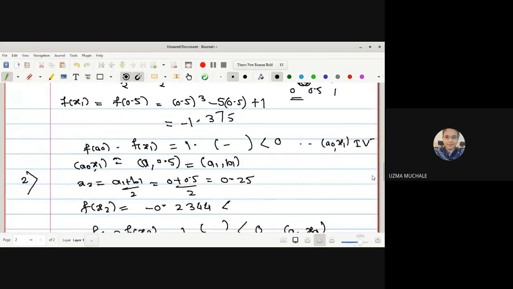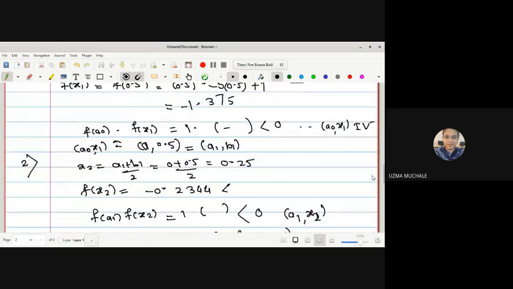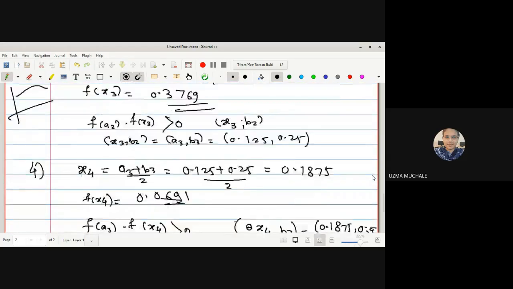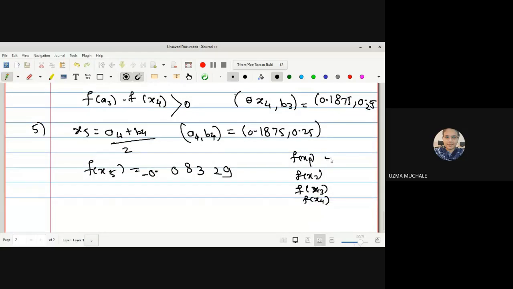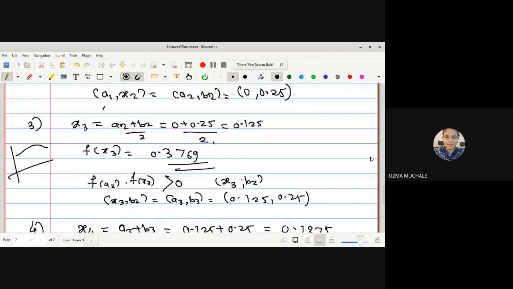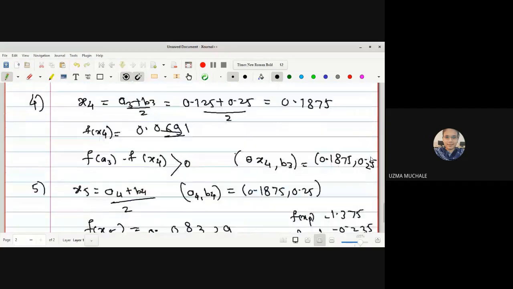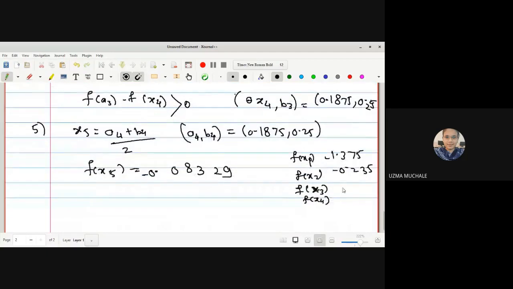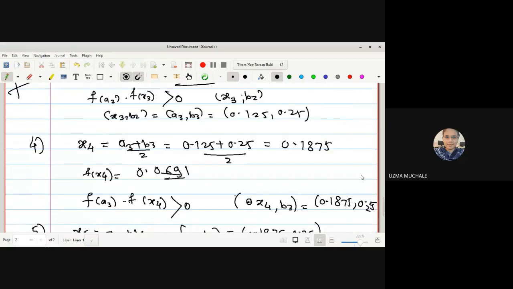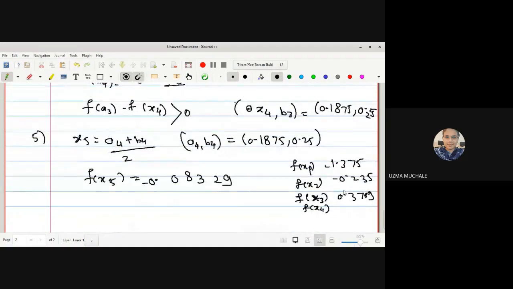F of x1 we have calculated is minus 1.375. f of x2 is minus 0.235. f of x3 is 0.3769. f of x4 is 0.069, and this is 0.089 but with a negative sign.